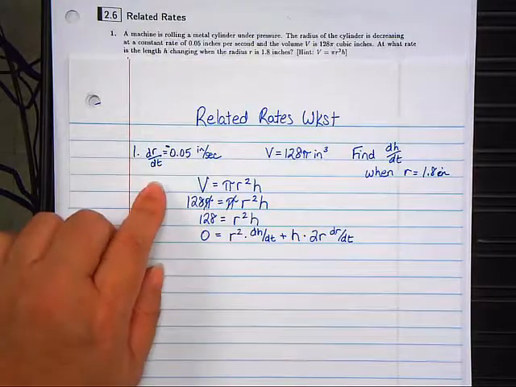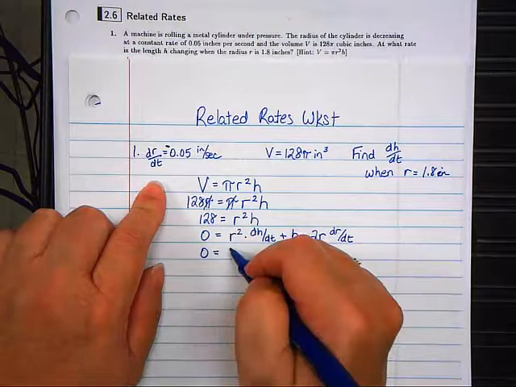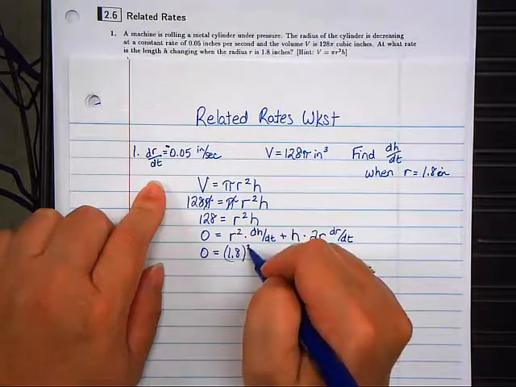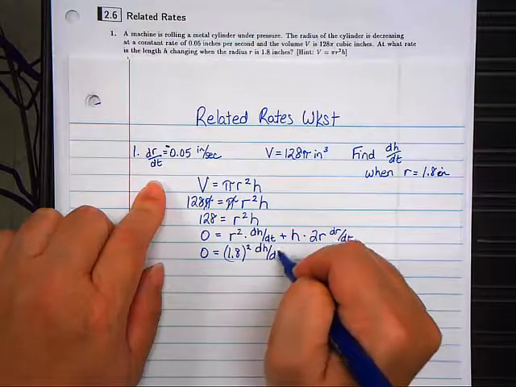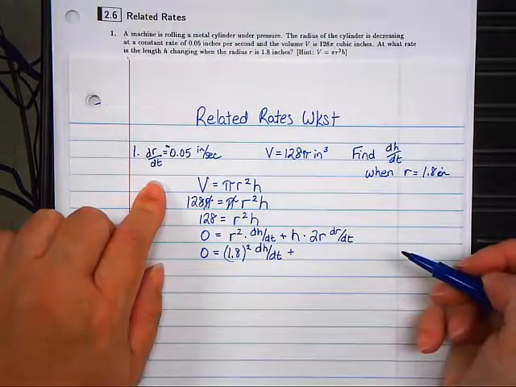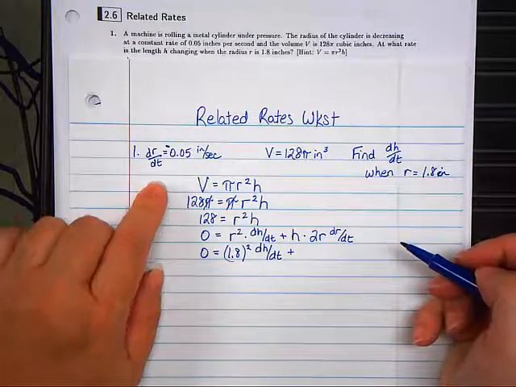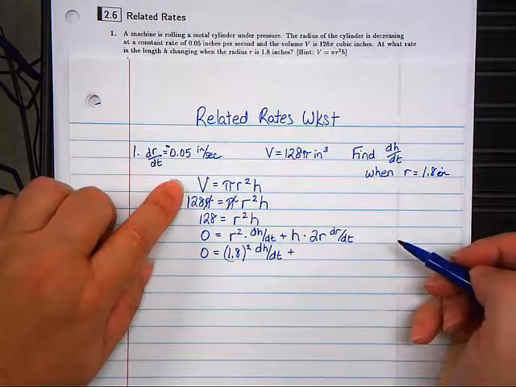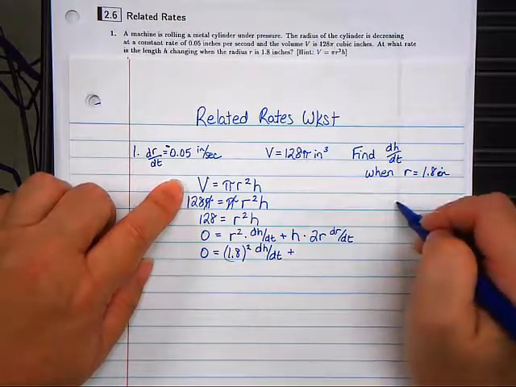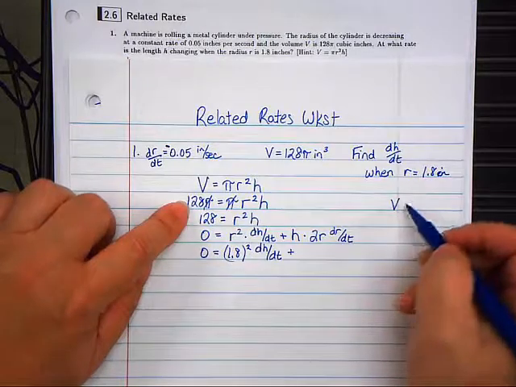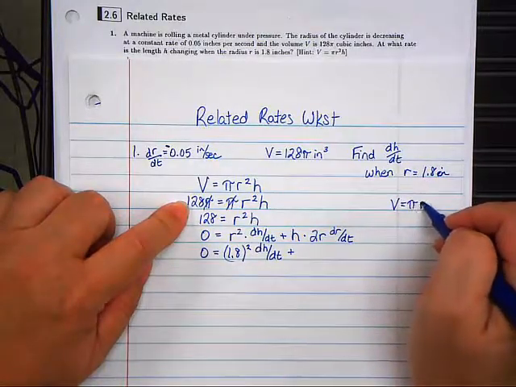Let's hope we got everything. 0 equals r, I've got r, 1.8 squared, dh dt, which is what I'm solving for, so that gets written down. Plus, I don't know what h is. Do you solve for it? You solve for it. You use the equation that you're taking the derivative of, go back before the derivative, and you can solve for the h. V equals pi r squared h.